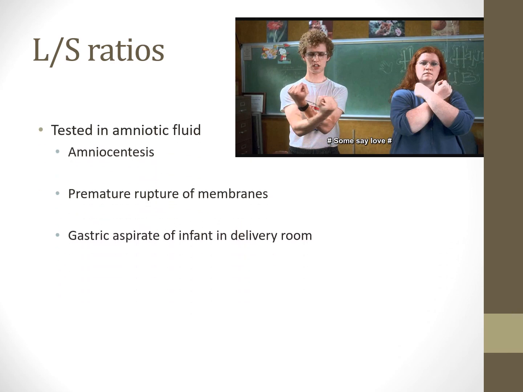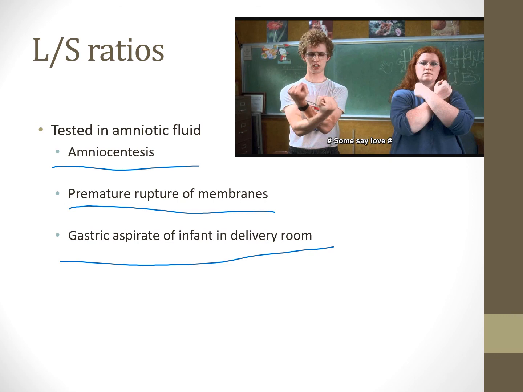So the LS ratio is tested either in amniocentesis, and you guys can look up exactly what that is, but they just sample the amniotic fluid while it's intact, or we can do it from a premature rupture of membranes, a PROM, from a vaginal pool, or even if the kid's born in the delivery room, we can just suck the stuff out of their stomach, right? We can get a gastric aspirate, right?